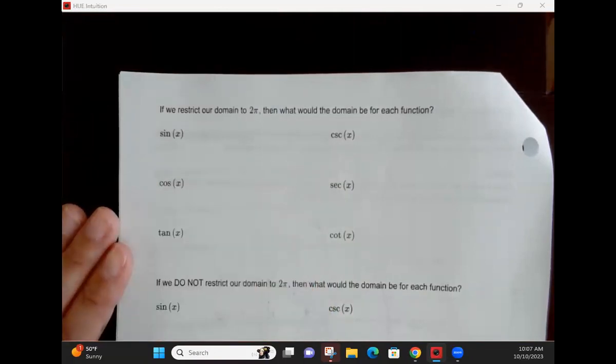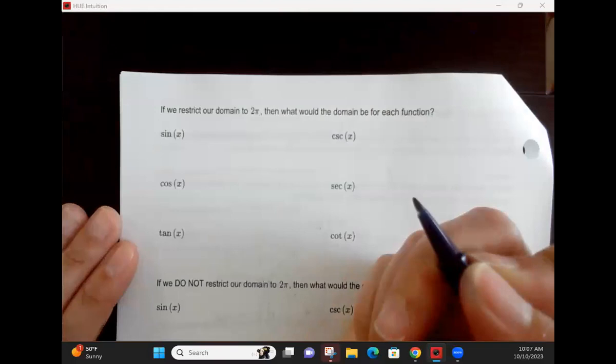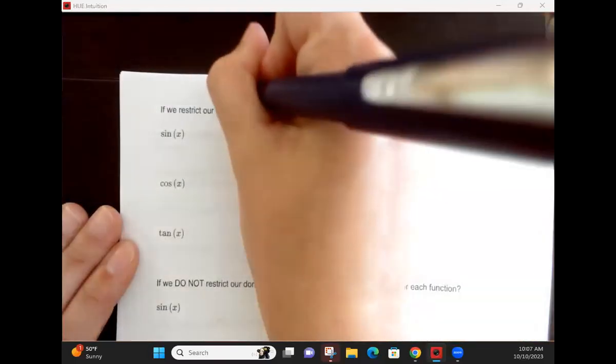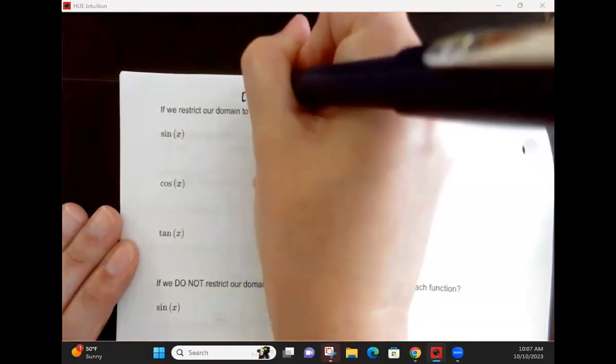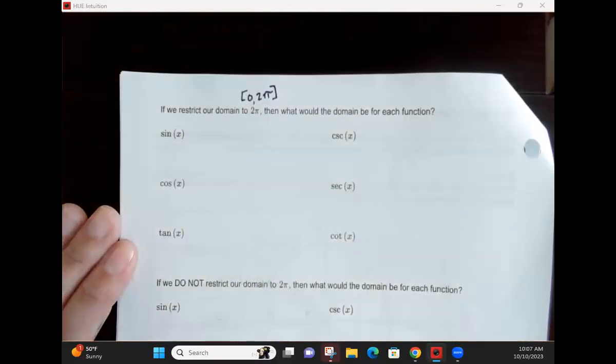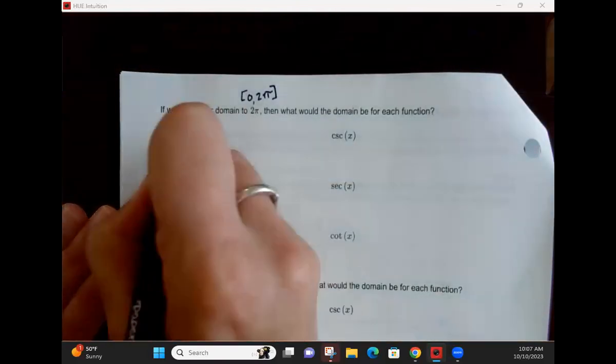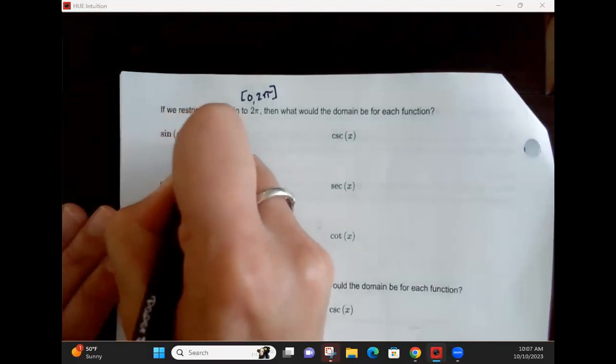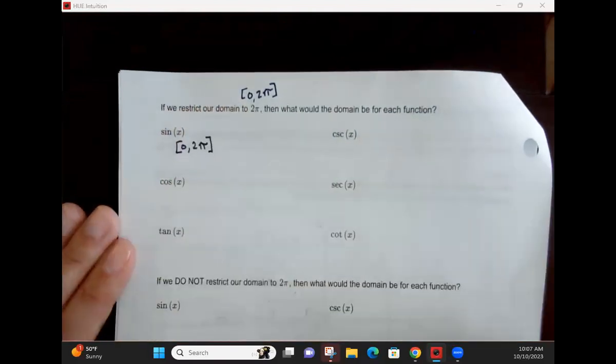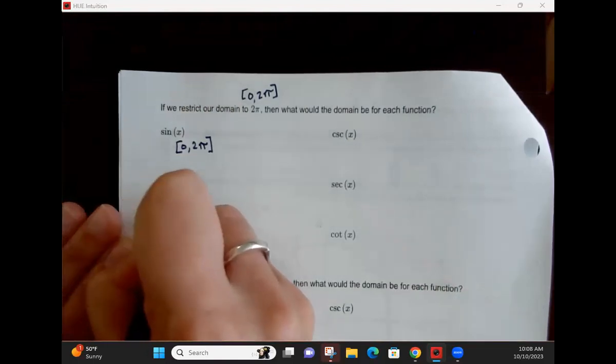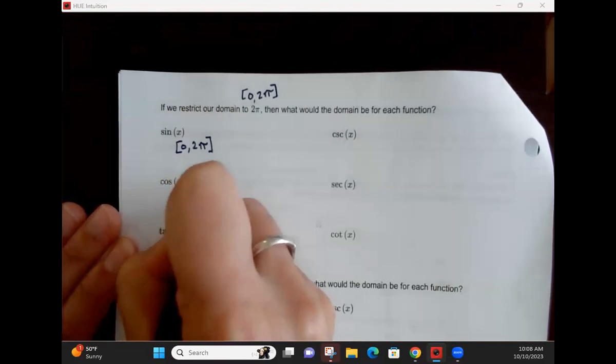So we're looking at the interval from 0 to 2 pi. Our domain then would be everything in that interval. Sine can take any value from 0 to 2 pi. Cosine also had no restrictions. Cosine is not undefined anywhere. So the domain for cosine would also be 0 to 2 pi.